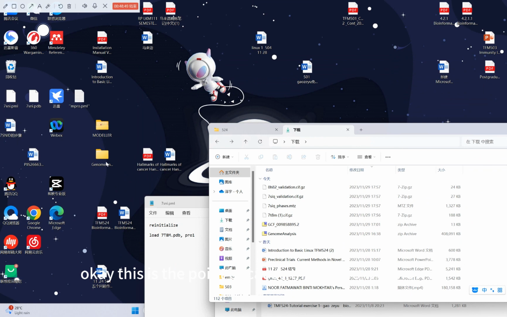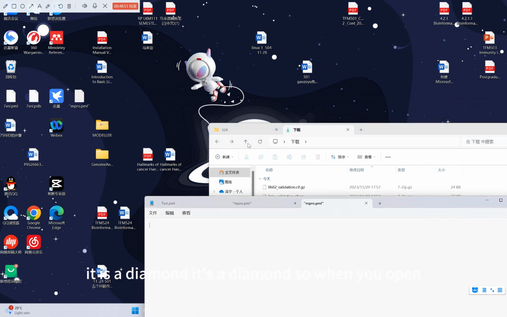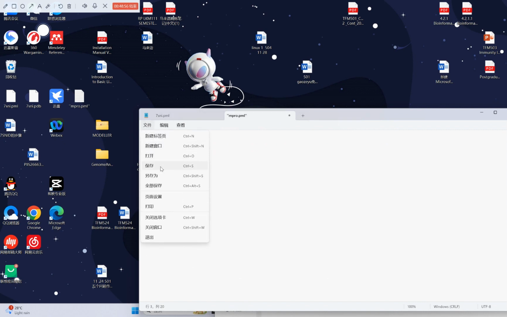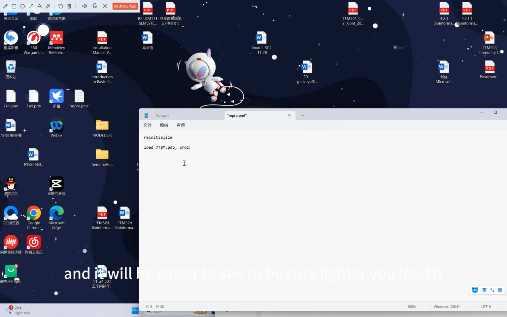Because this is Mpro, we know it is a dimer. So when you open it, you color it differently, then it will be easier to visualize. You load it, then again you hide everything. Then you show cartoon.